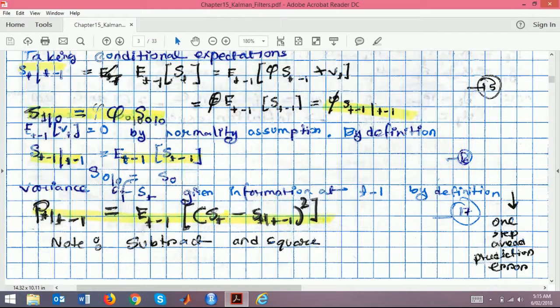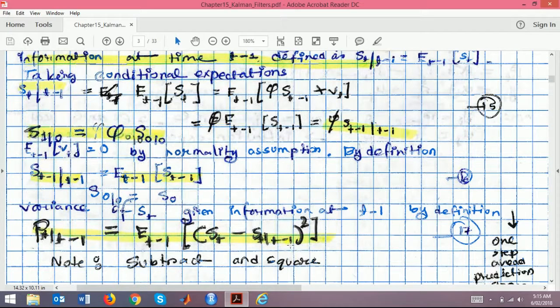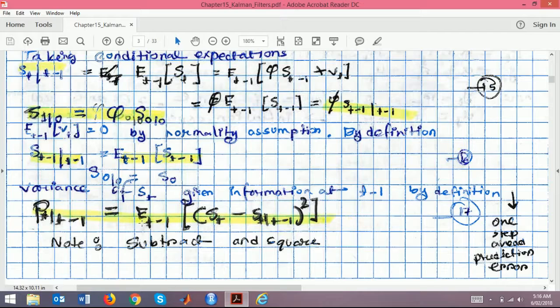Basically it is simply the difference between s1 and s1 given naught, squared, and that is the variance. It is one step ahead. This variance is also known as the one step ahead prediction error.